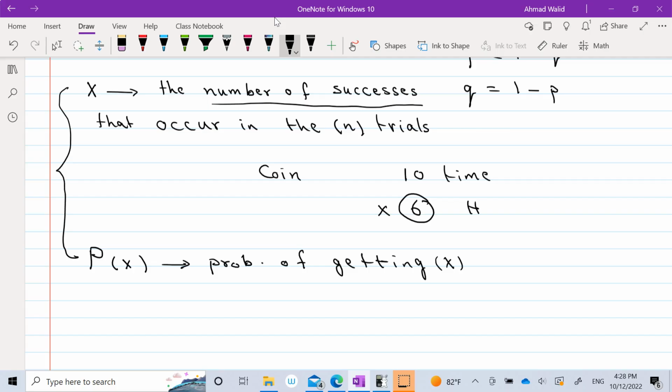I explained it here to you so you are not confused. Now, in this example, if I'm looking to find the probability of success, I will look for the P of 6. Right? Because my success is getting 6 heads. Then you look for the probability of 6. Correct?